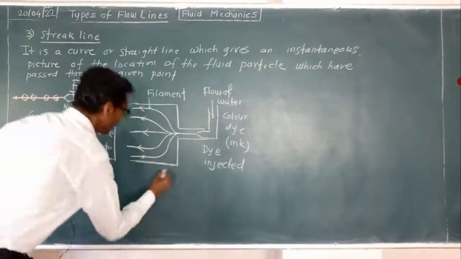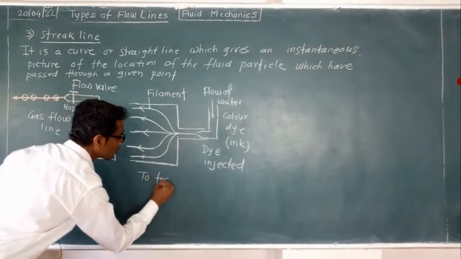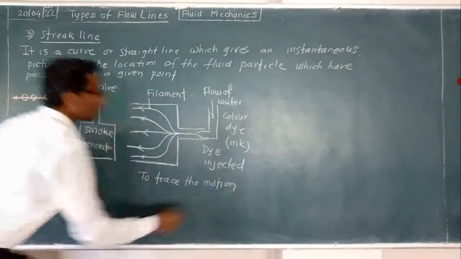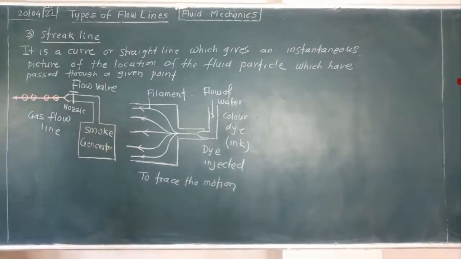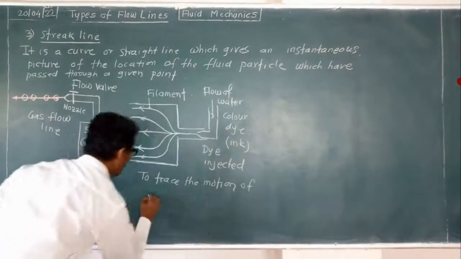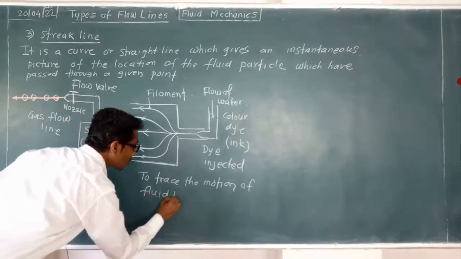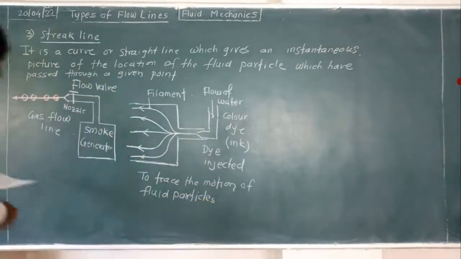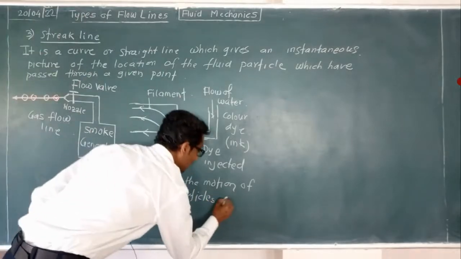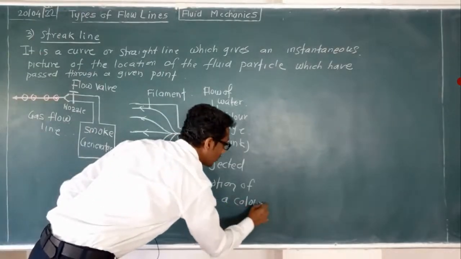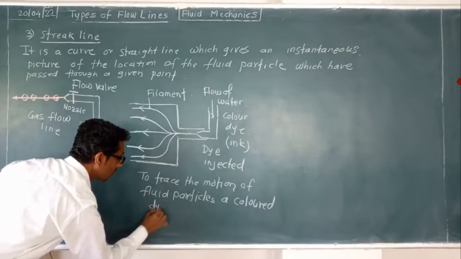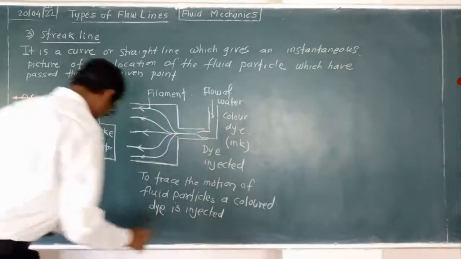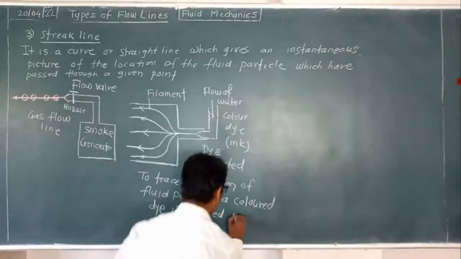And here you can have this. Why do we do this? Because to trace the motion of fluid particles, a colored dye is injected into the flowing fluid.